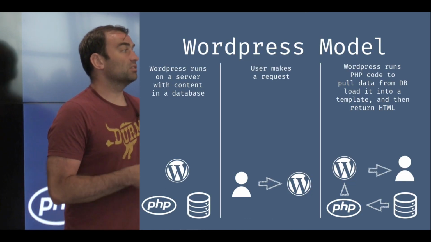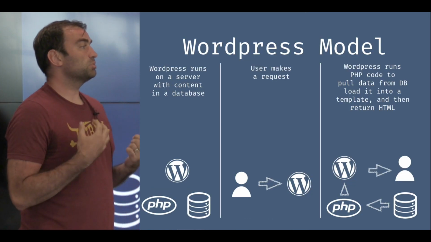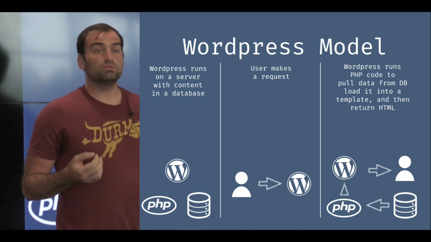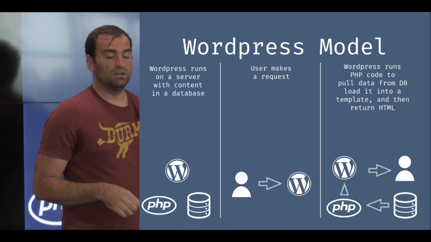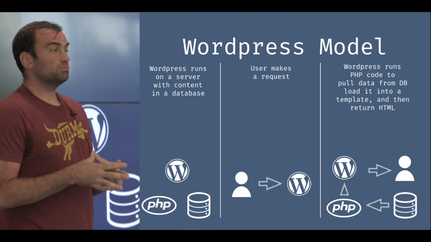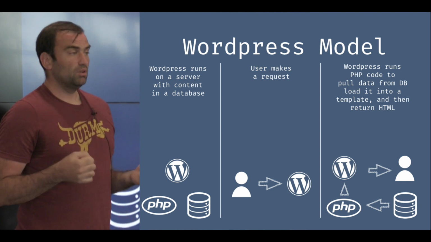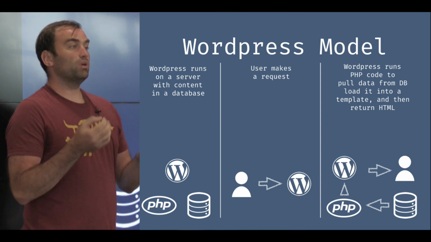Continuing on with static site generators, to explain how this is different, I think it's nice to compare it to WordPress or other CMSs. With WordPress, when you're setting it up, you start up a web server.